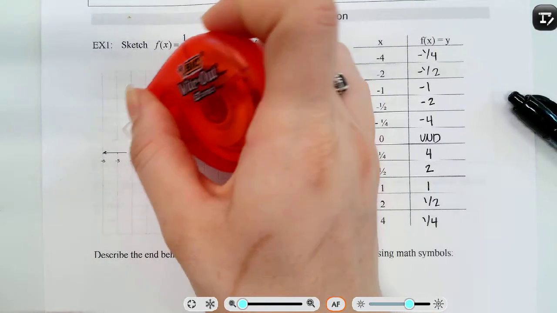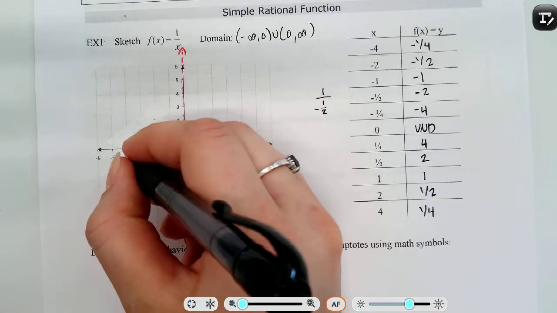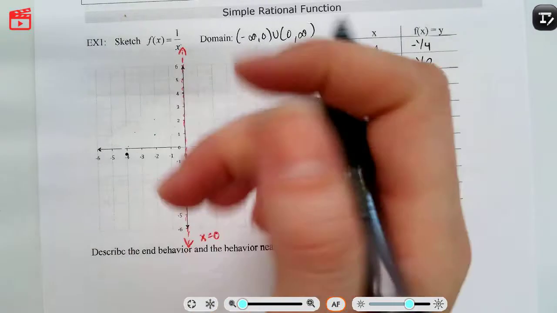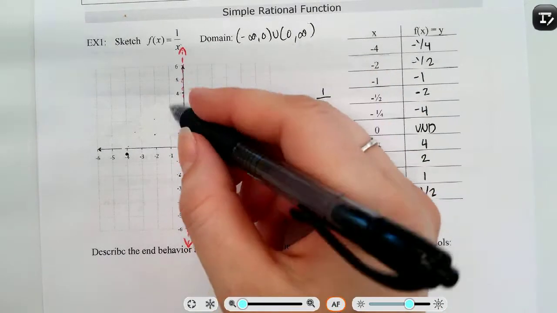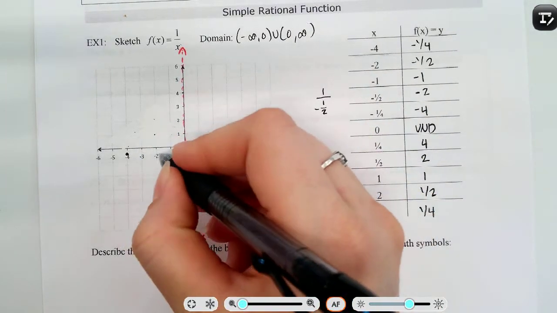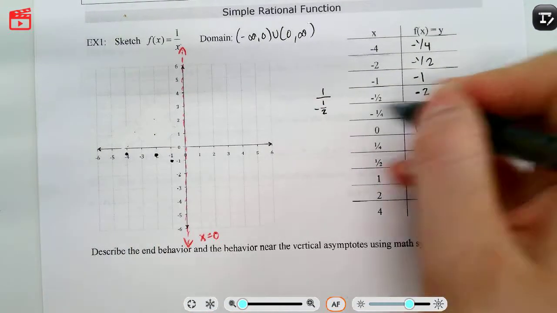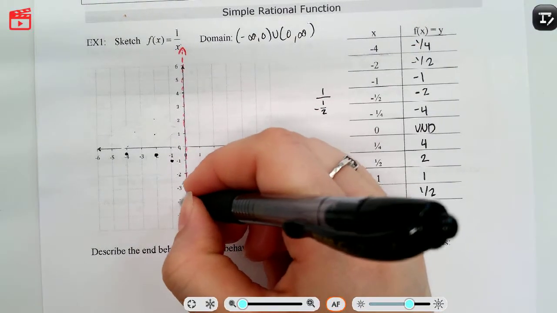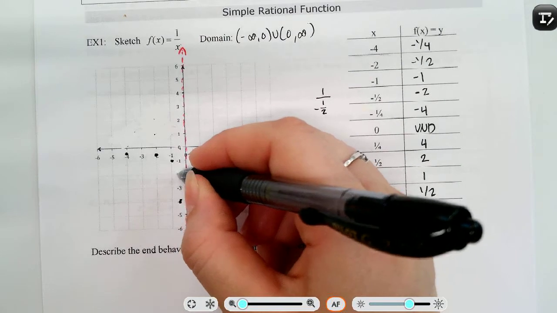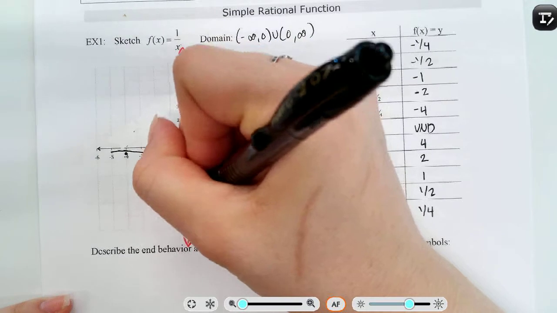Good thing I got this handy dandy whiteout. It's supposed to be negatives all the way. So negative 4, negative 1/4. There we go. Because my paper is so squished, I'm not going to write in the coordinate points at this time. If you're asked to write in the coordinate points, you should be writing them in. Okay, so negative 2, negative 1/2. Negative 1, negative 1. Negative 1/4, negative 4. All right, there we go. Oops, missing some of these.